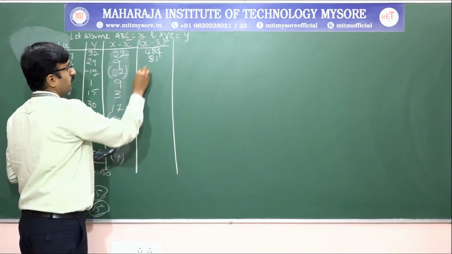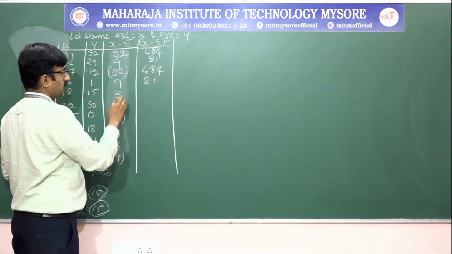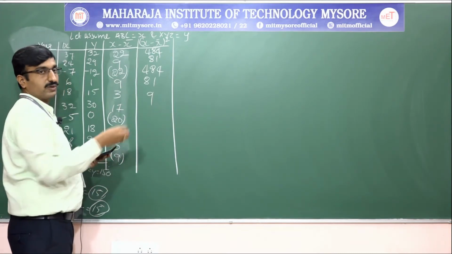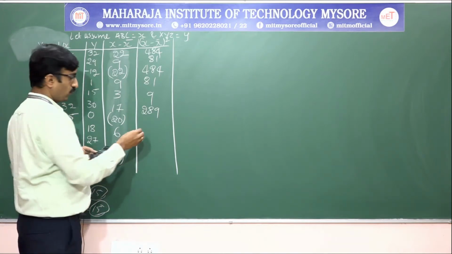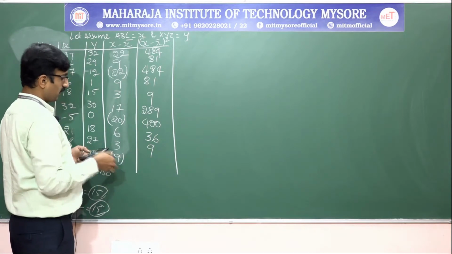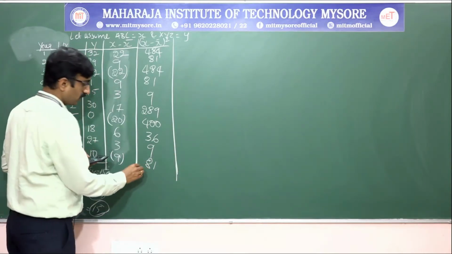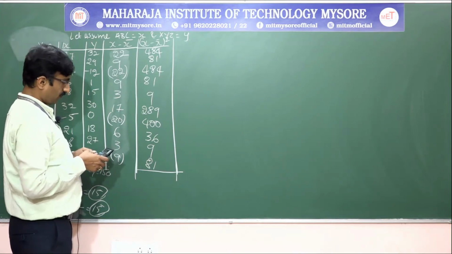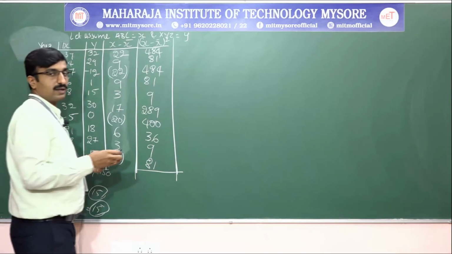Then 81, this is 9, so you are going to get 289, then 20, so you are going to get 400, then 6 square 36, 3 is 9, and 81 already calculated. So the total of this, how much will you get? You do the calculation. Total is 1954.